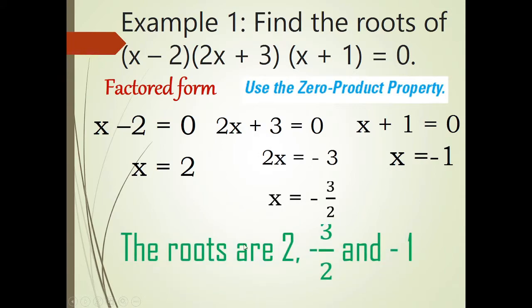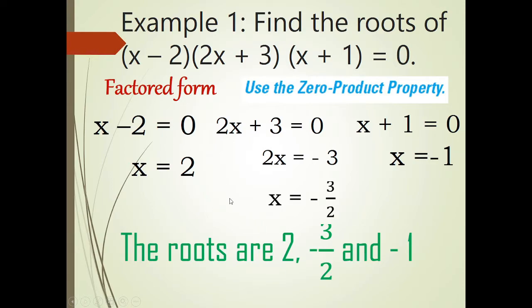So, the roots of the equation are 2, negative 3 over 2, and negative 1 in no particular order. So, meaning to say, kahit mauna yung negative 1 o yung negative 3 over 2, okay lang. So, madali lang to kasi naka-factored form.